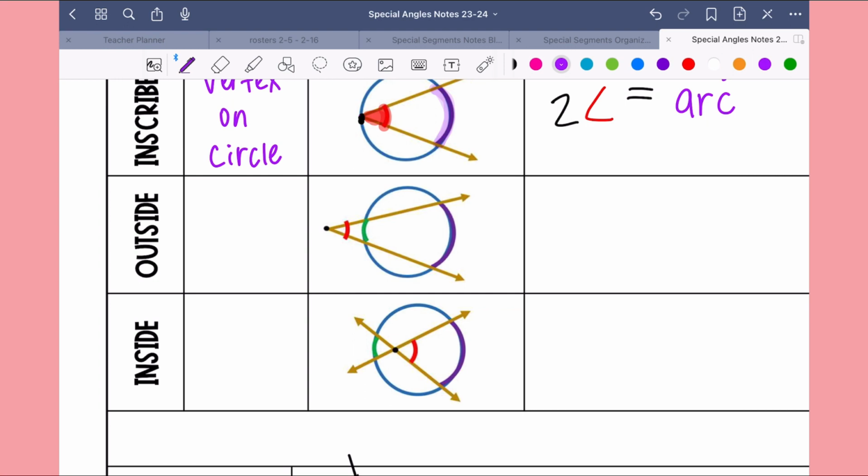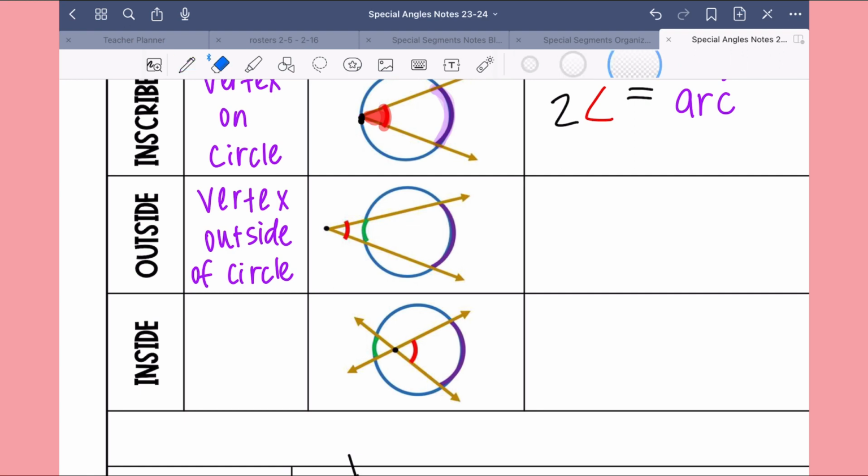So starting with outside, the vertex for our angle is outside of our circle. What does that look like? Here is my angle in the golden color, and my vertex is somewhere outside of the circle.